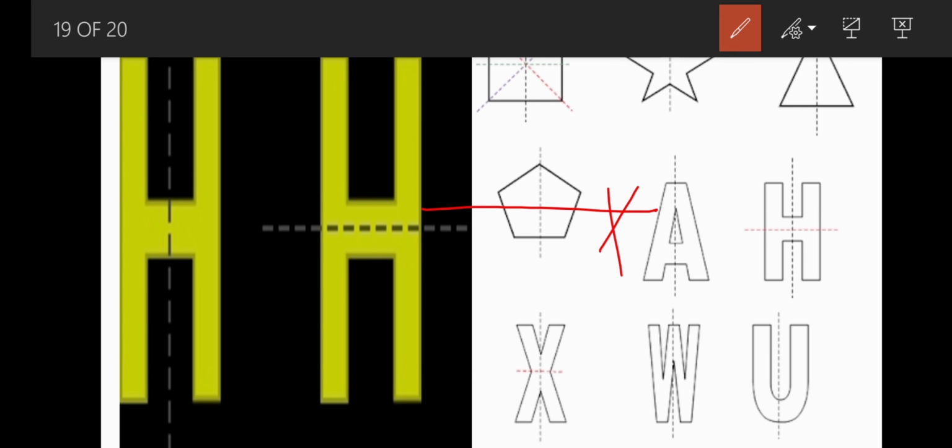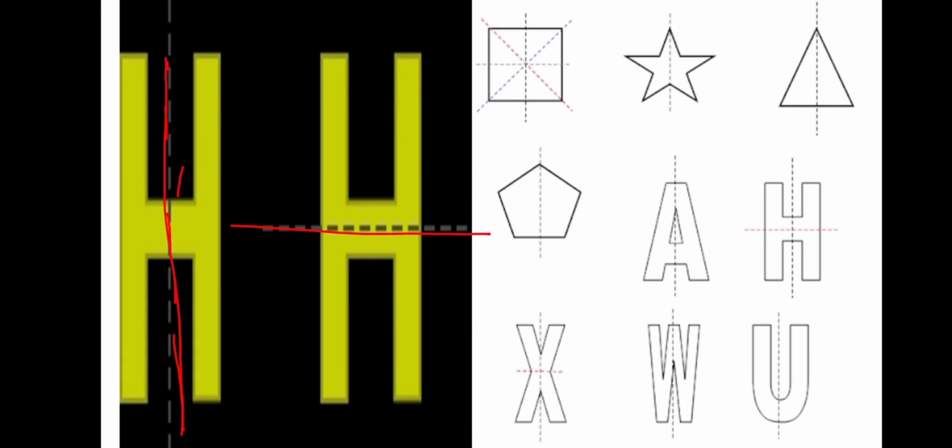But if we draw vertically from the middle, then it will be a line of symmetry. Horizontal and vertical lines can be lines of symmetry, but the diagonal can't divide the picture into two equal halves, so we can't say that.